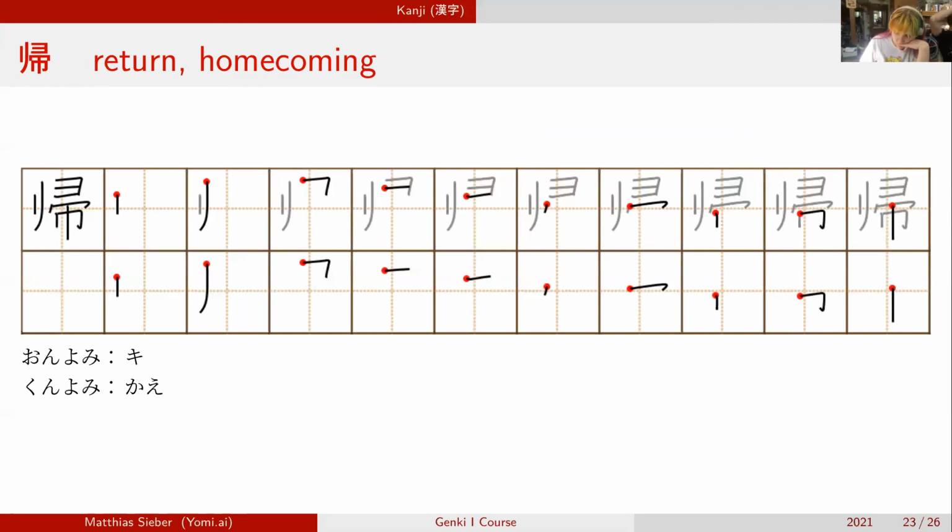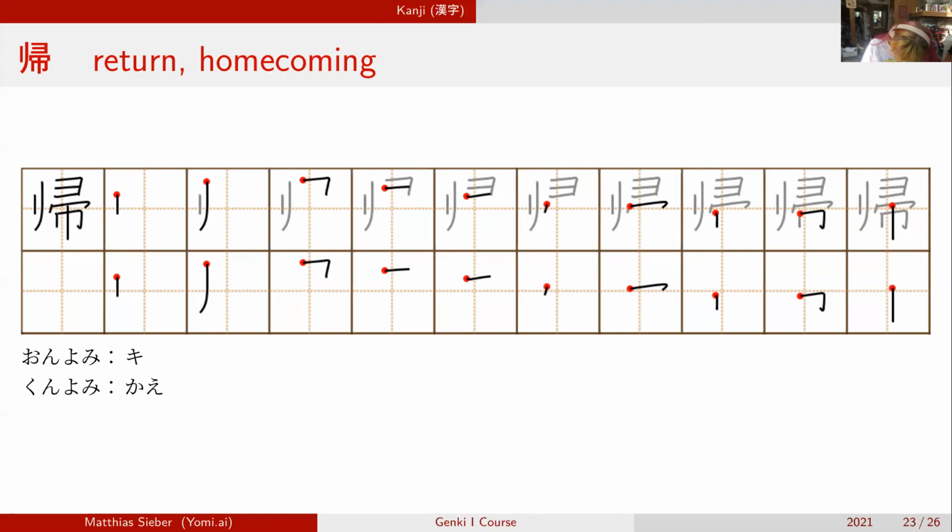And then next we have kai, as in kaeru, like to return home. To return home.